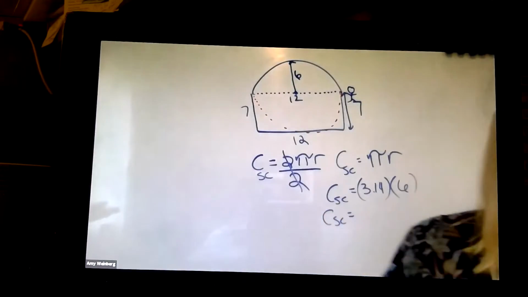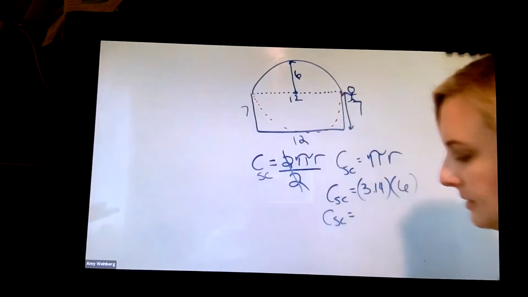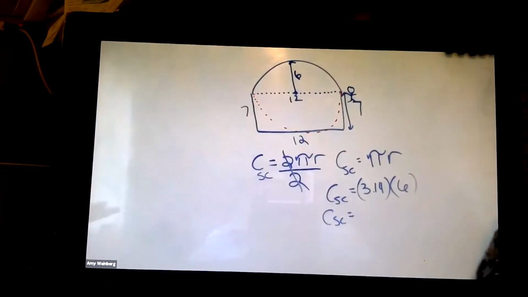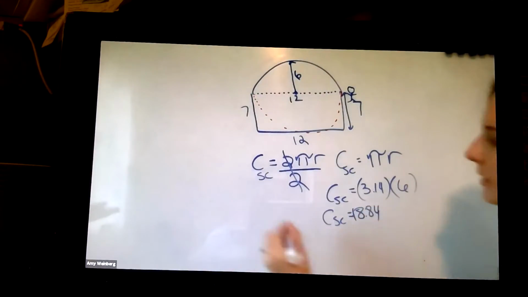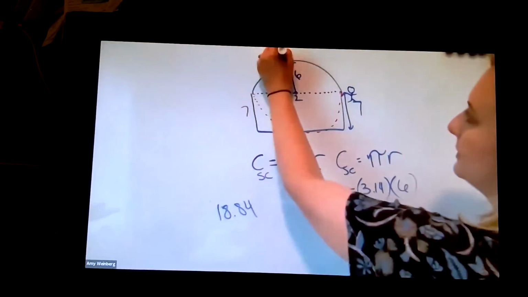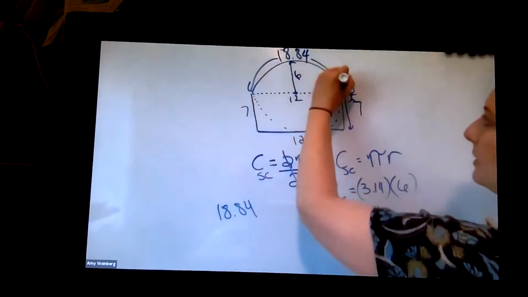Okay, so my semicircle, if I do that math, 3.14 times 6 is 18.84. So that's this up here, 18.84. I now know that's my perimeter.